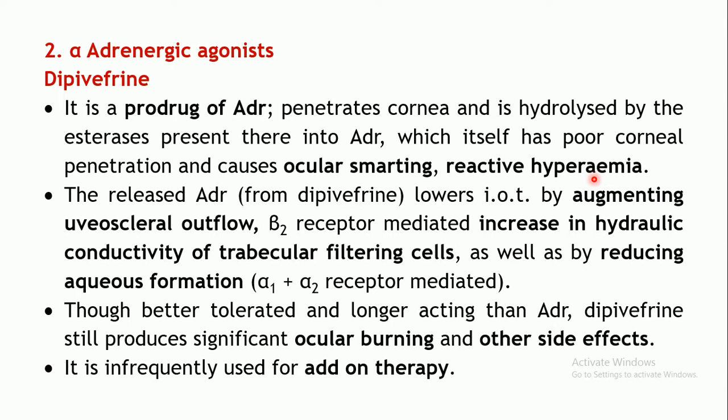Okay, now coming to the mechanism of action, how exactly this particular drug helps in reducing the intraocular tension. So it is a prodrug, it gets converted to ADR. Whatever ADR is released lowers the intraocular tension by augmenting the uveoscleral outflow. Okay, so the outflow of the aqueous humor is increased. And also there is beta receptor mediated increase in the hydraulic conductivity of trabecular filtering cells. This is also promoted.